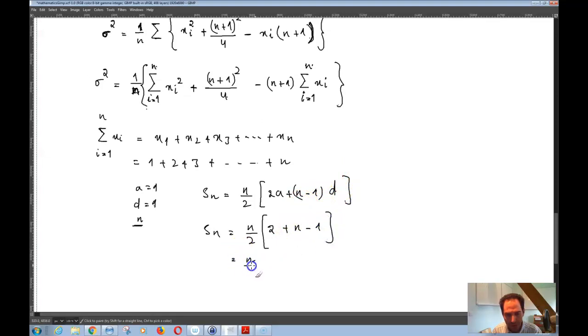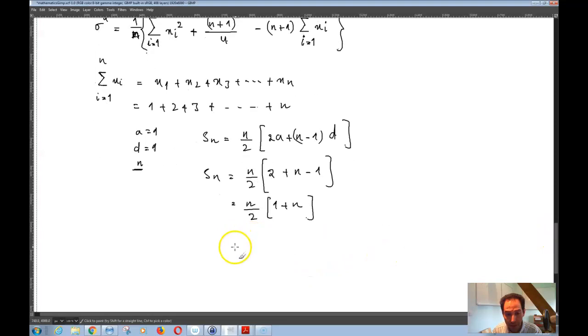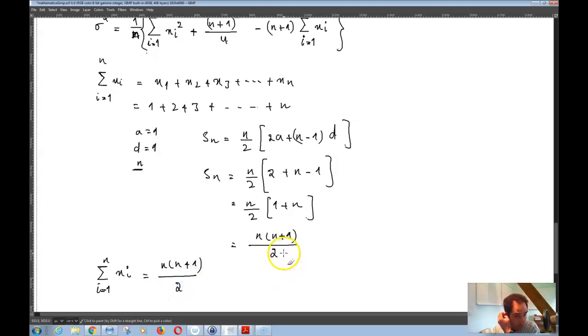Which is the same thing as n divided by 2 times 1 plus n, which is n times n plus 1 divided by 2. So that means that sigma x of i, as i goes from 1 to n, is equal to n times n plus 1 over 2. That is the same thing as 1 plus 2 plus 3 all the way up to n.